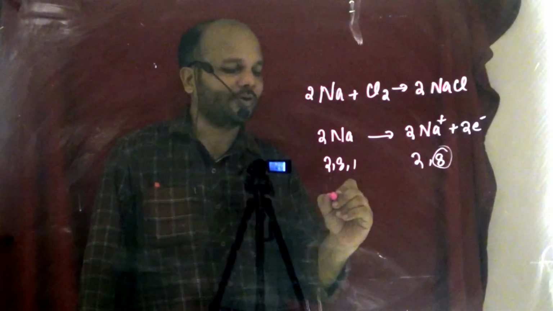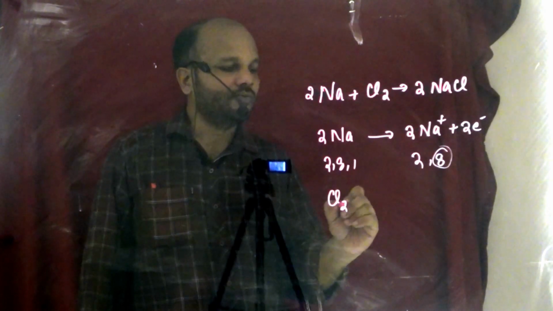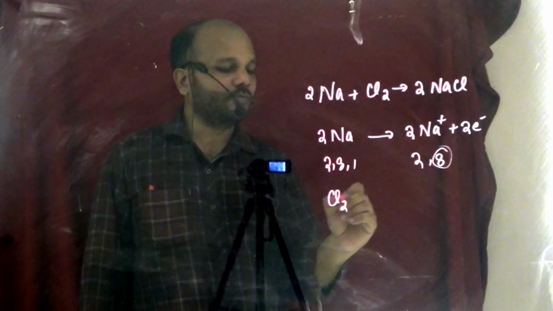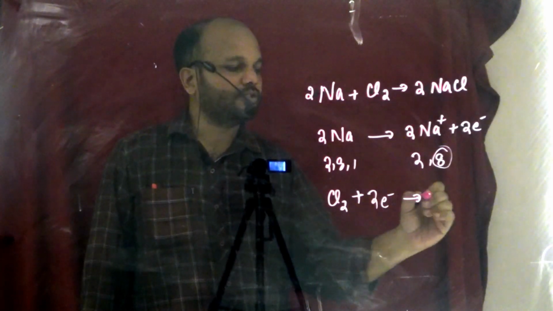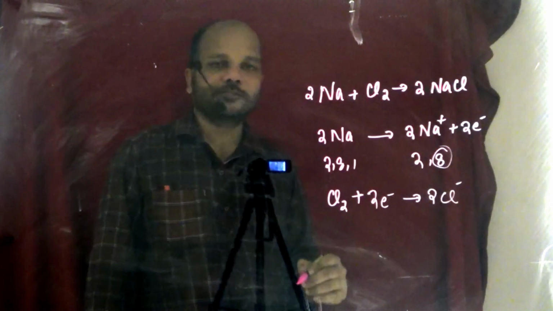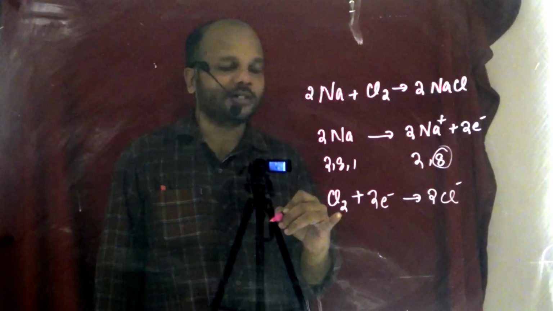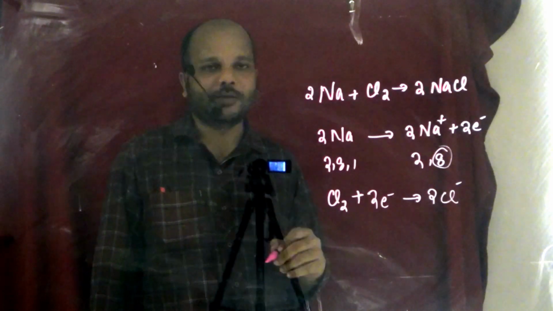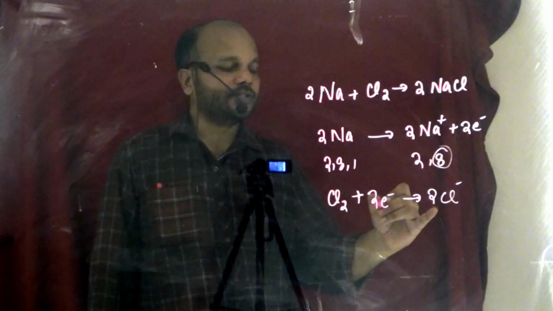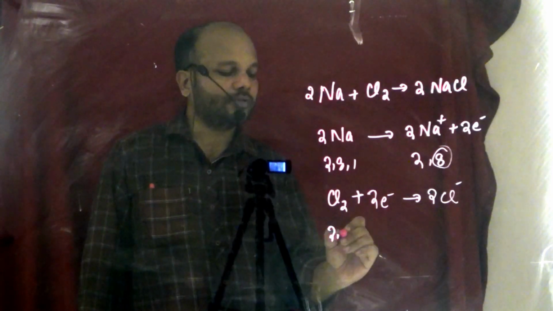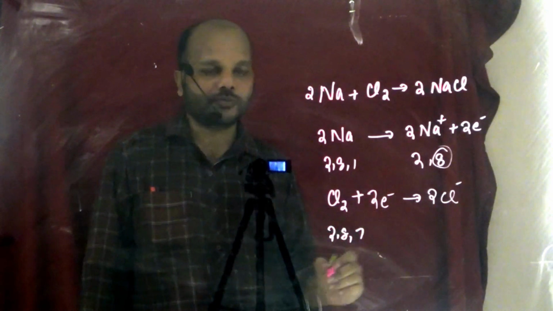Now see the example of chlorine. Cl2 plus 2 electrons gives 2 Cl minus. This is how it is coming, right? Now why 2 Cl minus? Chlorine has 2, 8, 7 in the outermost shell.